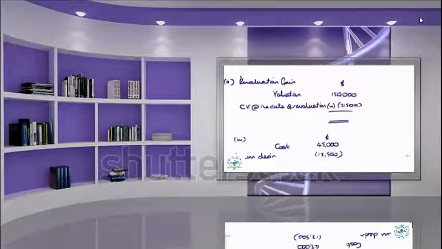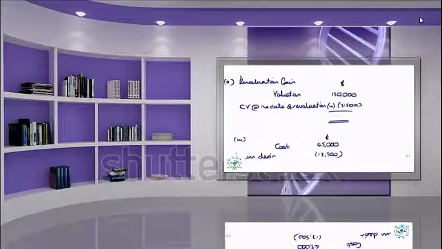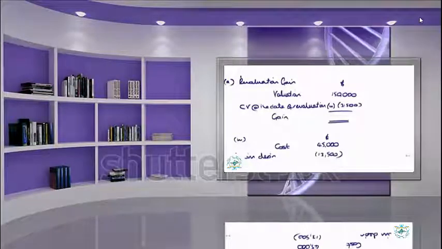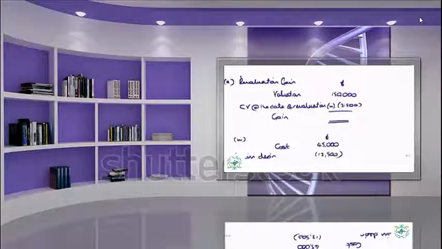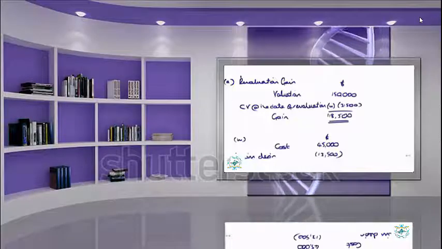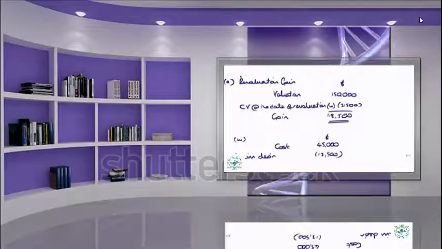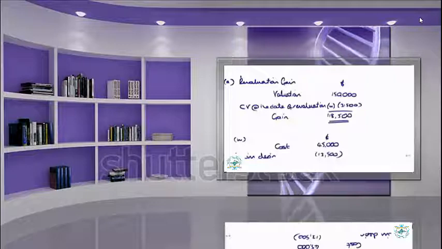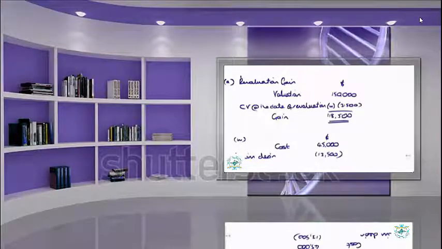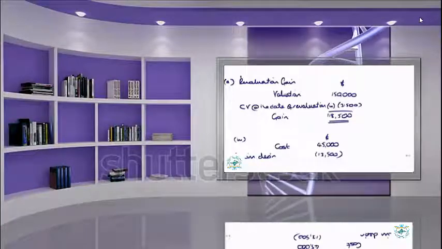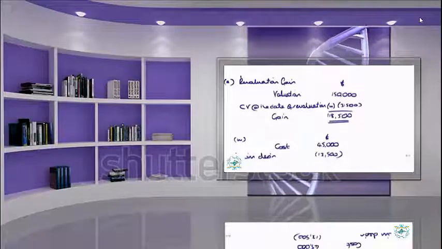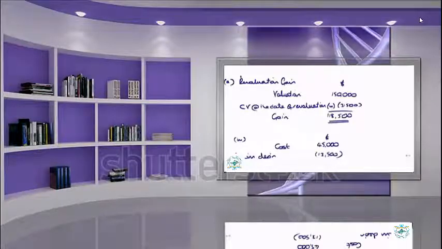If we compare that to the valuation itself, we should get a revaluation gain, because clearly it will be a positive figure, of 118,500. And that is the gain that we need to record in our journal and then ultimately into our ledger accounts as well. So now we've got that, we've answered part A.